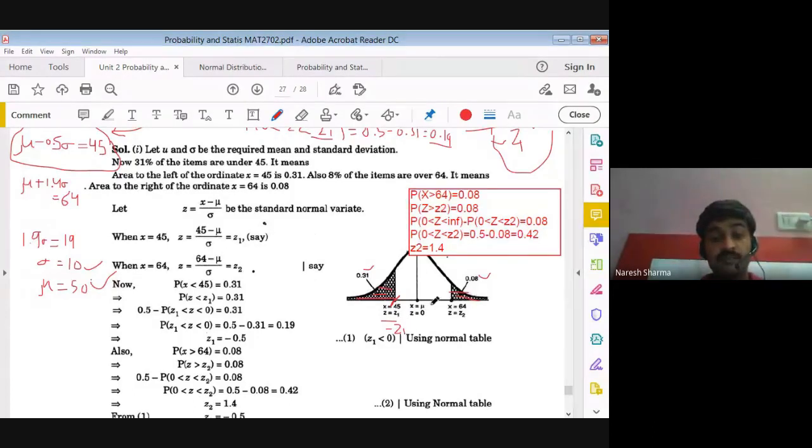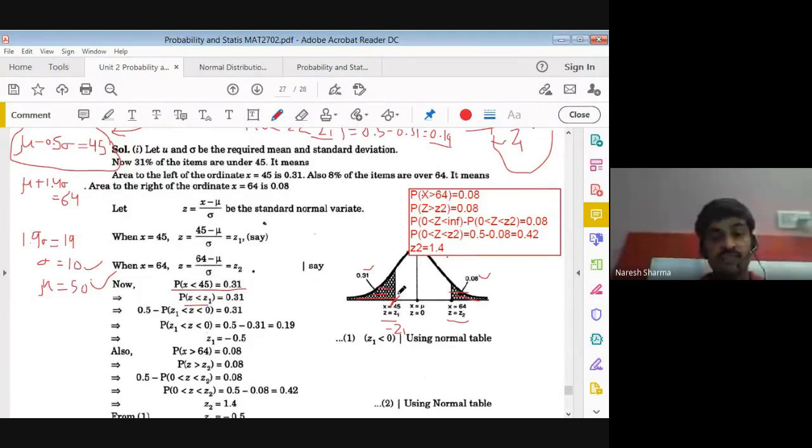But keep in mind your final z at 45 is z1 or minus z1. So kindly take care of this thing. Similarly, x at 64, we assume here it is z2. Now the probability of x less than 45 is 0.31.